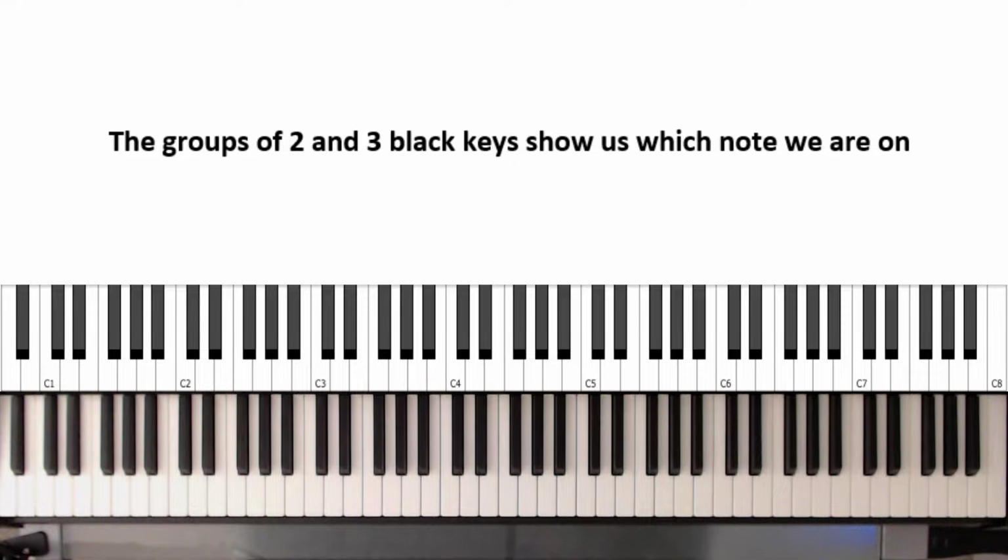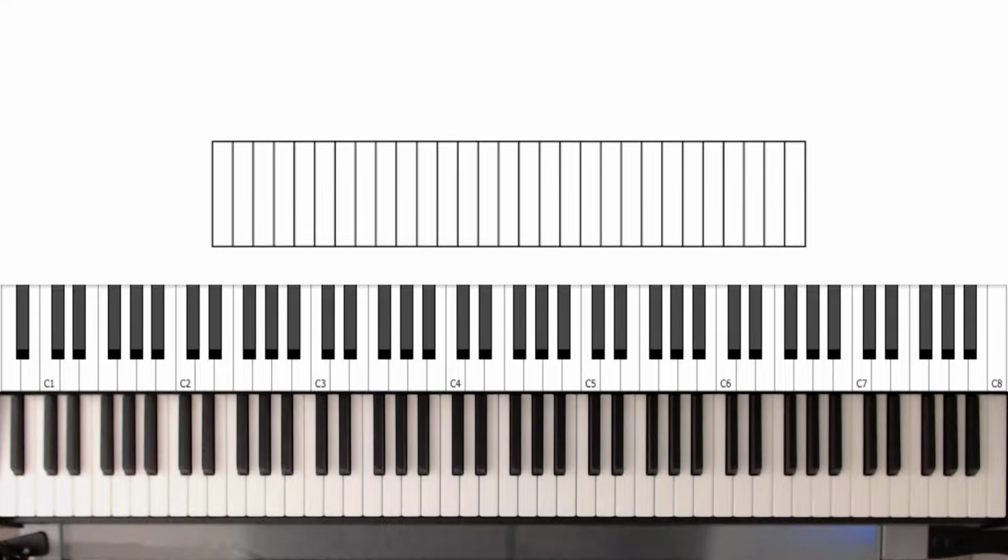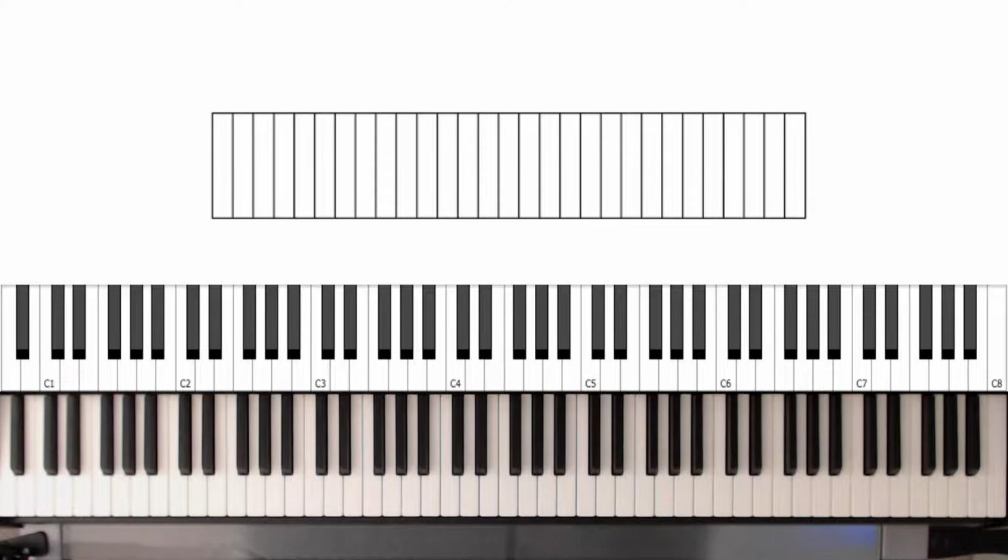So, the best way to know which notes you're on the keyboard is going to be by finding the groups of 2 and 3 black keys. Okay? So for example here, if we just had a piano that didn't have any black keys on it, it would be very difficult to know where you're at because there's no point of reference.